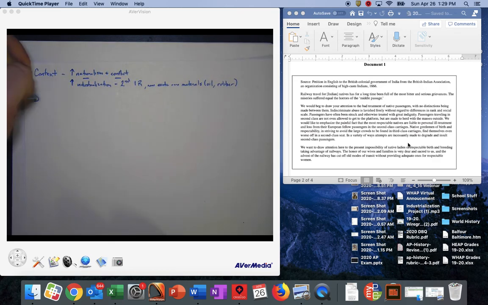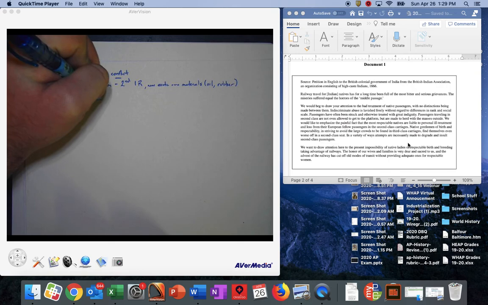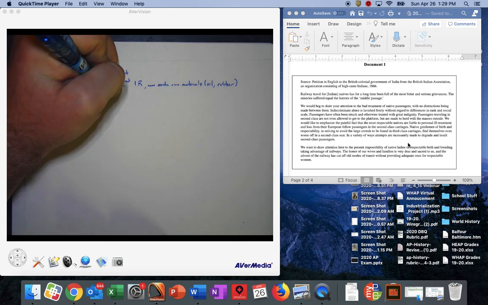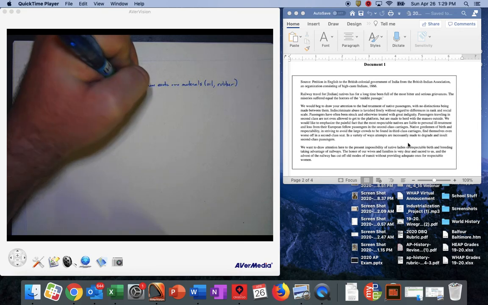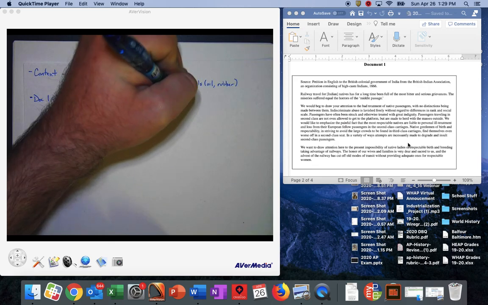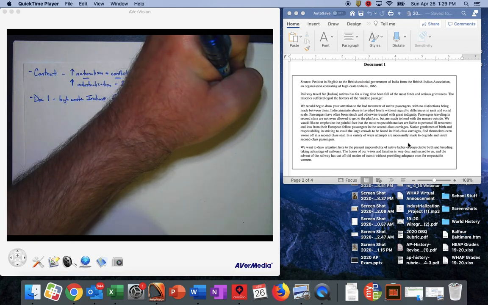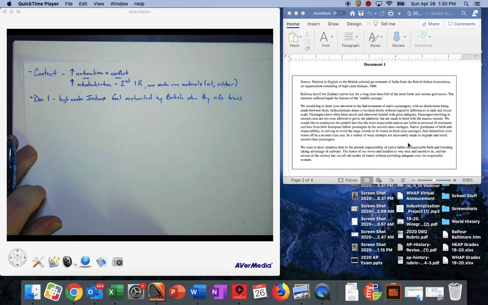Document 1 is a petition from high caste Indians that feel mistreated by the British when they ride on trains. So that's kind of the main idea of document 1.